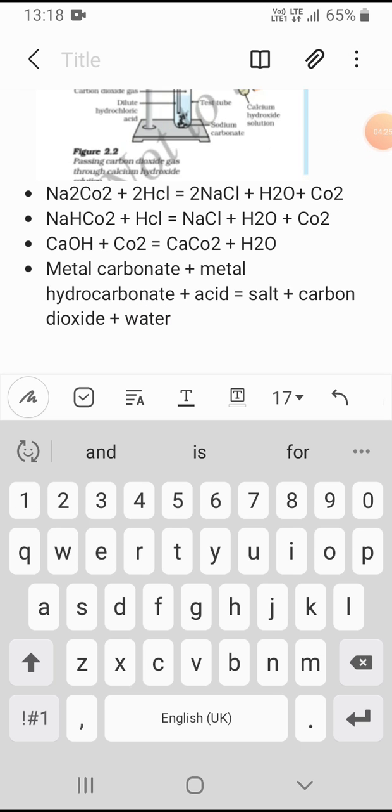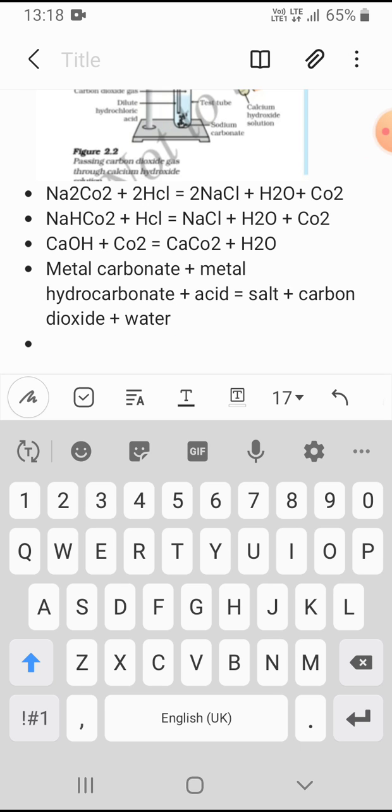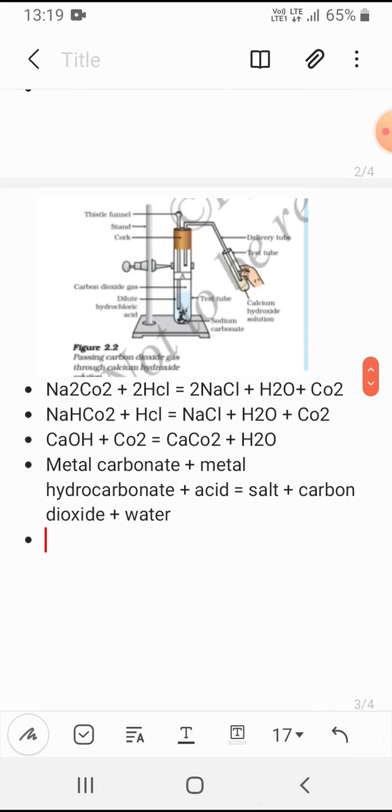See here, in any reaction H2O water is there, and CO2 carbon dioxide is there, and the salt is NaCl, sodium chloride. So whatever you do, this you should remember.